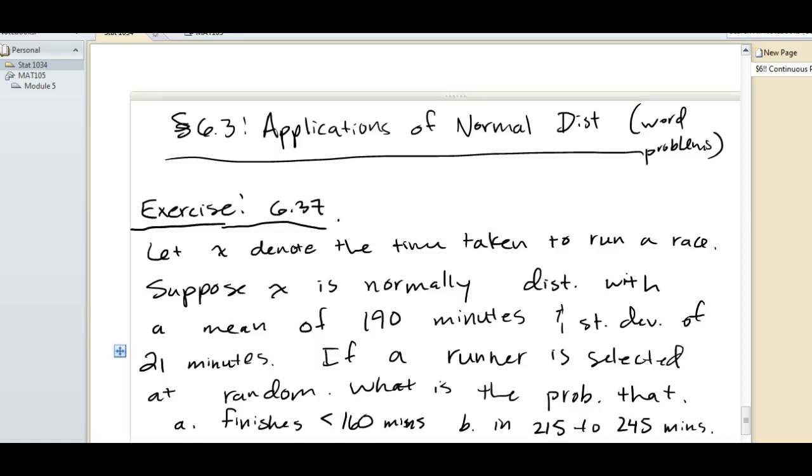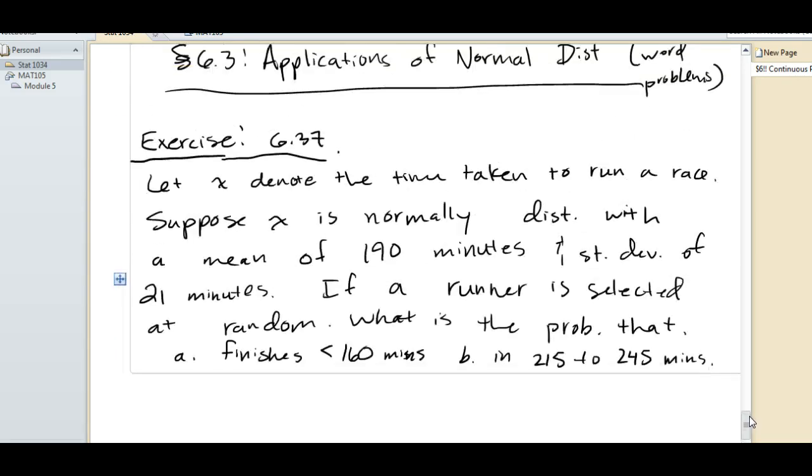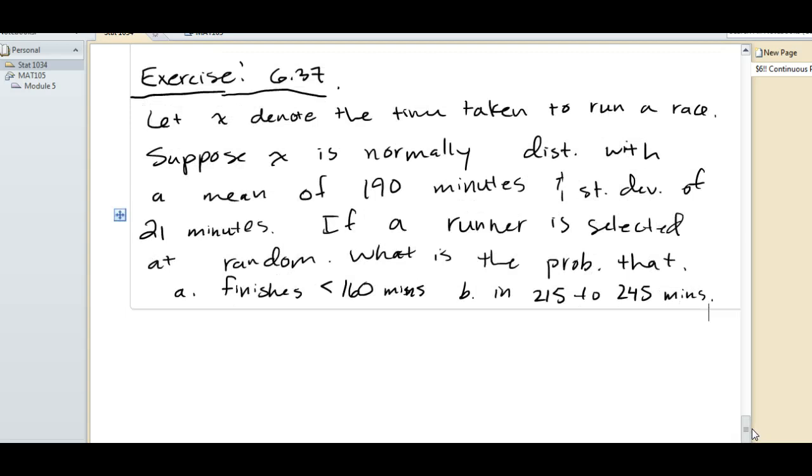Okay, so this is pretty much the same stuff as before, nothing too complicated. We've just actually got some context. So we have a normal distribution of runners in this race, and first thing we want to identify is the mu value, the mean, that is given by 190 minutes, and the standard deviation is given by 21 minutes.